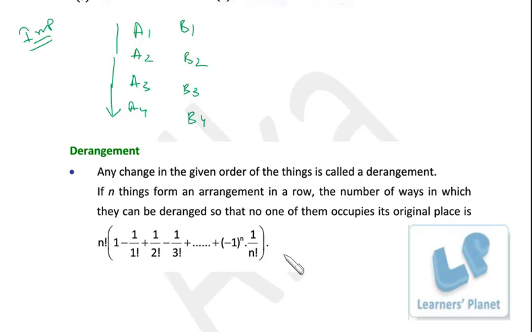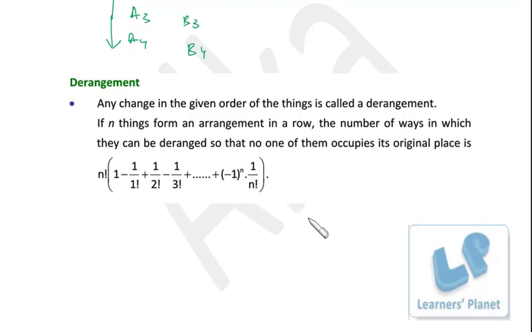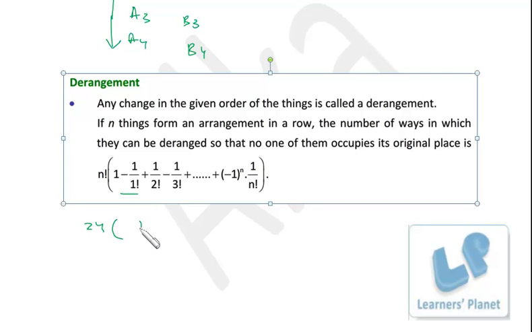If you have 5 things, then you put the value of n as 5. If you have 3 things, you put the value of n as 3, and so on, right? So directly I'll be putting the value of n as 4 over here. So it is 4 factorial, that's 24, times 0, then plus 1 upon 2 minus 1 upon 6, and since n is even, we'll be getting positive here, so plus 1 upon 24.